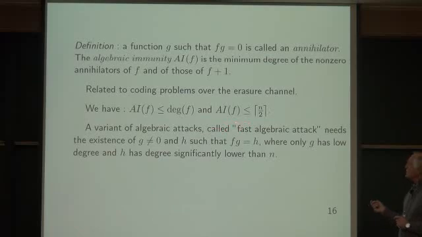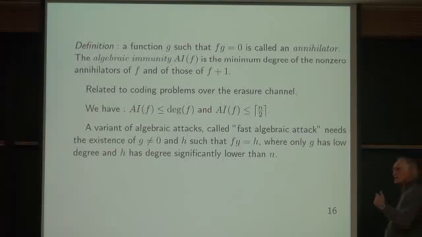But what Courtois and Meier found, which was really the big new thing in their algebraic attacks, is that the algebraic immunity of a function is always upper bounded by the ceiling of n over 2.